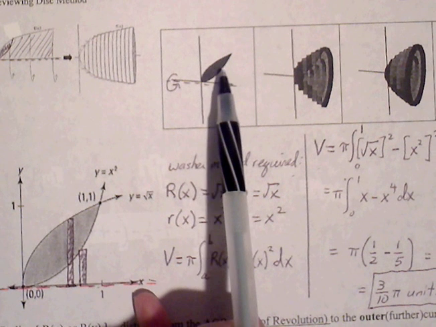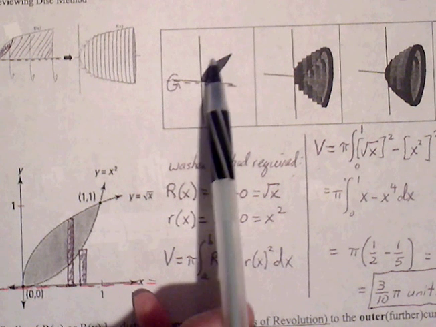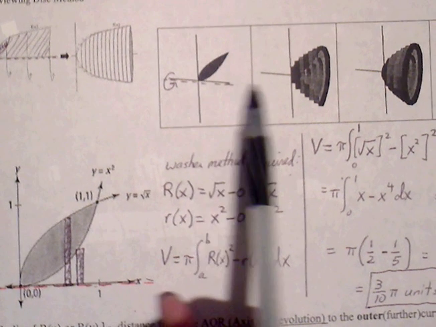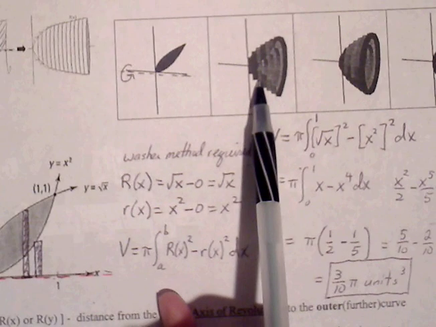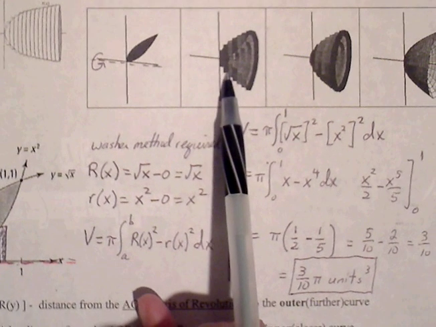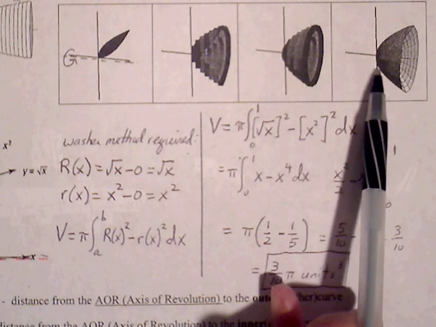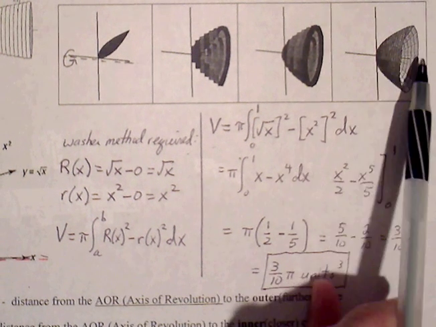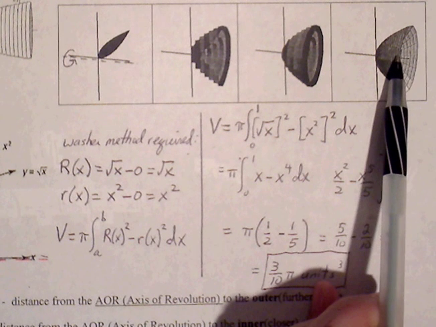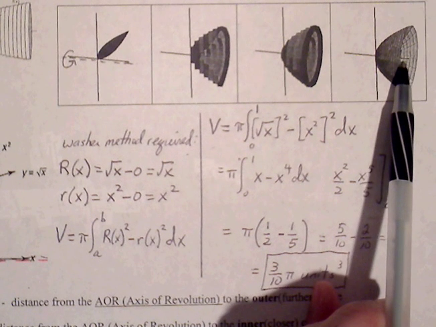if you can imagine this shaded region revolving around the x-axis, here's a series of pictures to show what the resulting shape will look like. We see that we're going to come up with kind of a bowl-shaped figure, and there's definitely a gap, a hole in between.